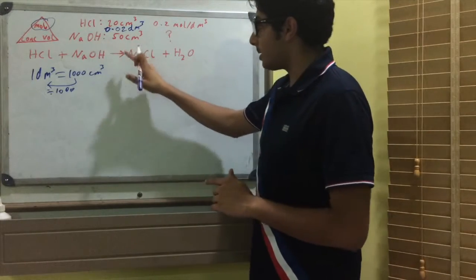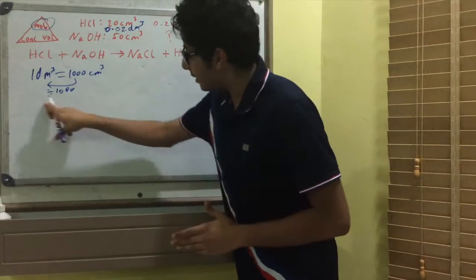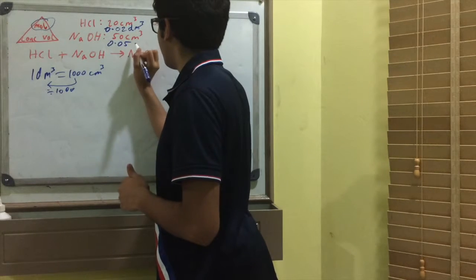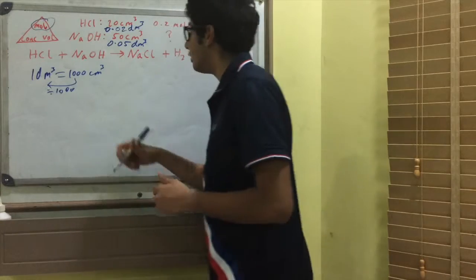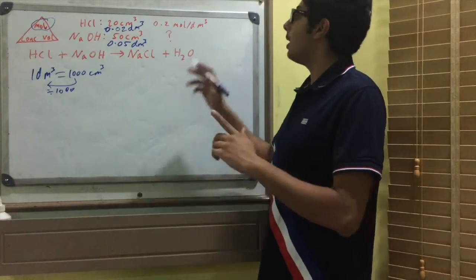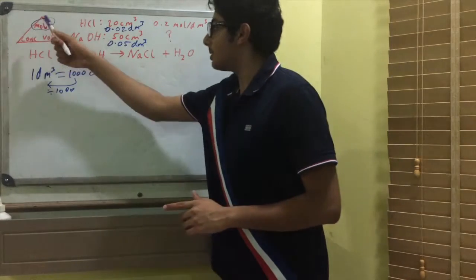For the sodium hydroxide, 50 centimeters cubed, divide by 1000 is going to give you 0.05 decimeters cubed.